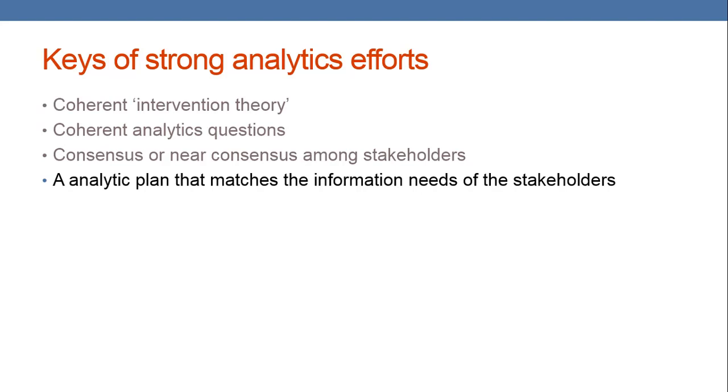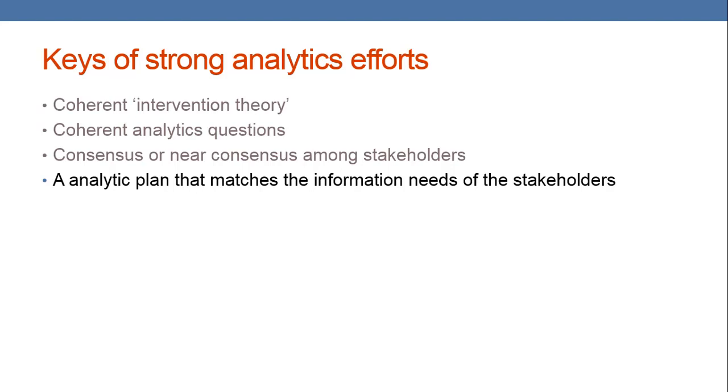And then the other thing we need to really think about, so far I've talked a little bit about how the analytics plan helps the stakeholders understand whether the intervention theory is working well. Another aspect of the needs of the stakeholders is thinking about what their next projects might be and what they might have down the road, thinking about how this information and analytic plan might feed better learning for them.